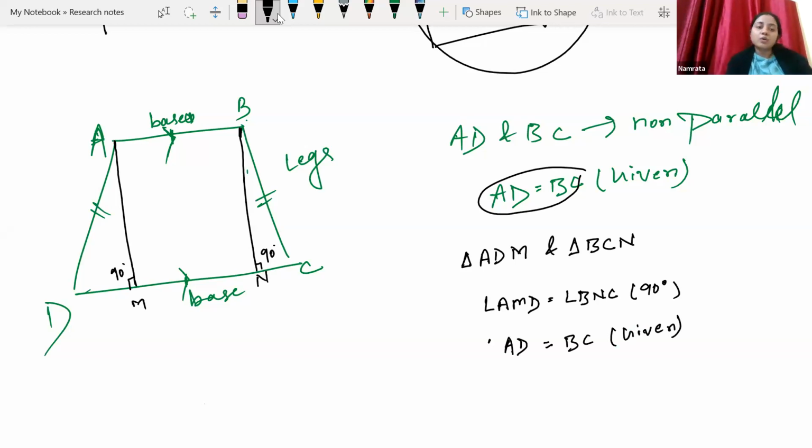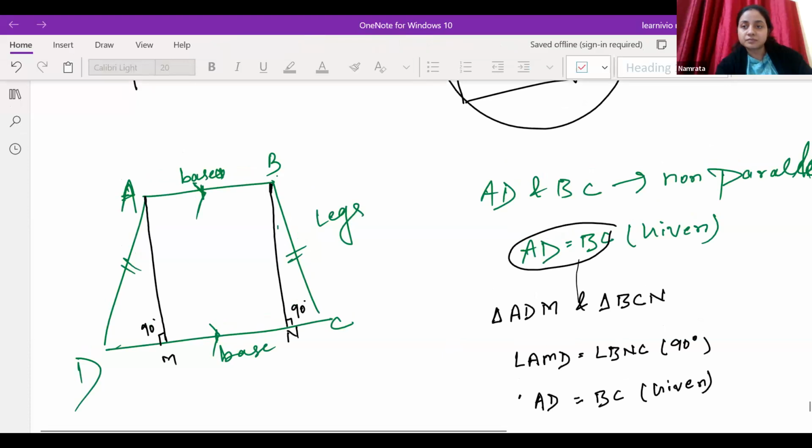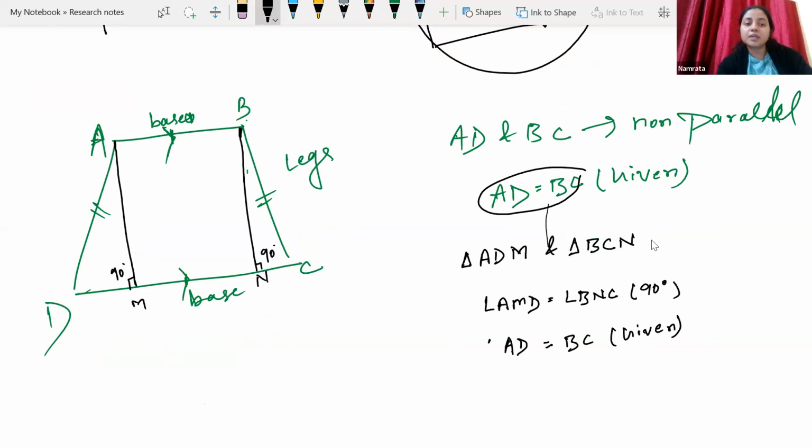Okay. Now what else can be taken over here? Any idea? Can you see both triangles, the left one and the right one? Please let me know what else can be taken. AM and BN are the same. Why?